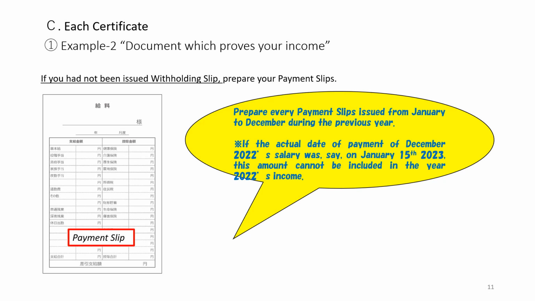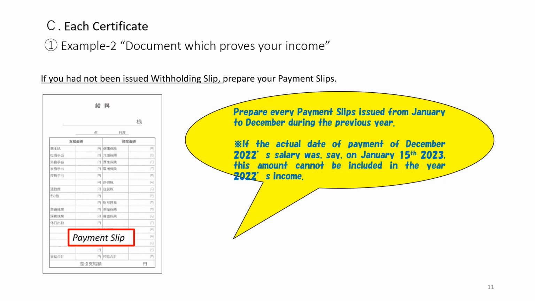This is an example of a payment slip. Prepare every payment slip issued from January to December in the previous year of declaration. However, pay attention to the date of actual payment. If your monthly payment of 200,000 yen for the month of December 2022 is paid on January 15th, 2023, this amount cannot be included in the year 2022's declaration.